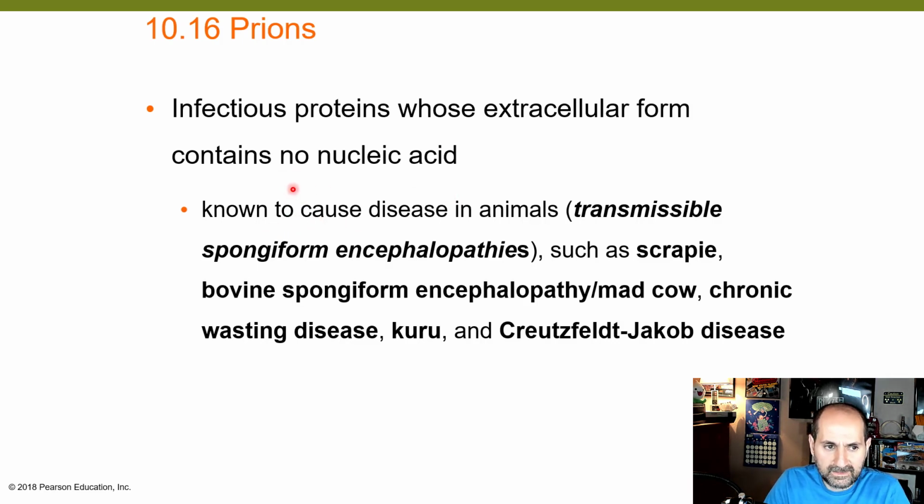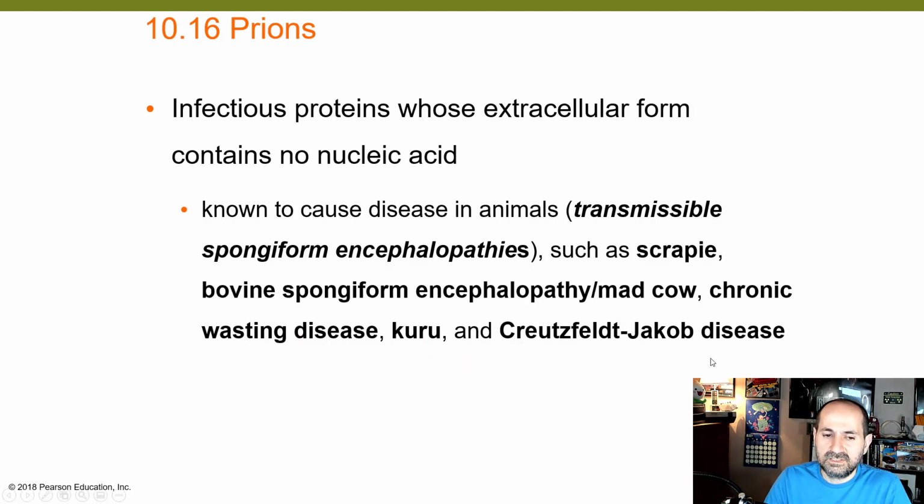It's just a protein. And you come into contact with this protein and you ingest it or you get it into your blood and you could come down with these diseases. And these are horrible, horrible diseases. So they're known to cause diseases in animals, including transmissible spongiform encephalopathies such as Scrapie, Bovine Spongiform Encephalopathy, which is called mad cow, chronic wasting disease, Kuru, Creutzfeldt-Jakob Disease.